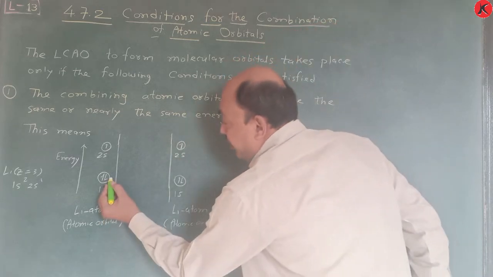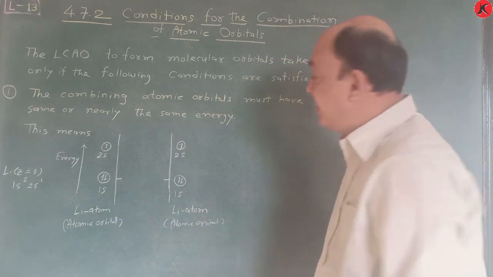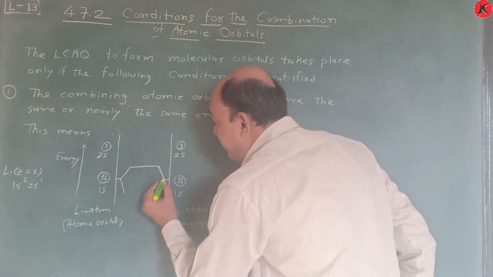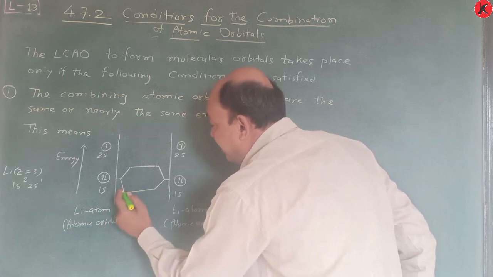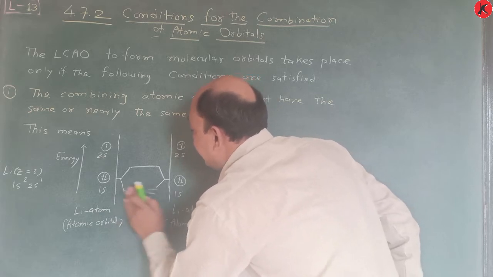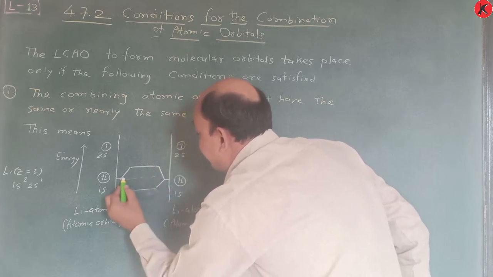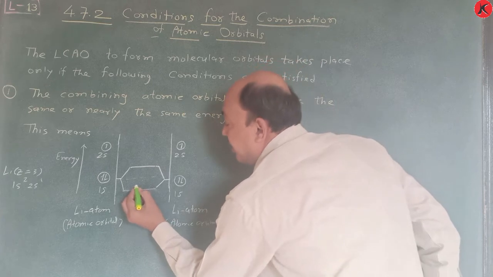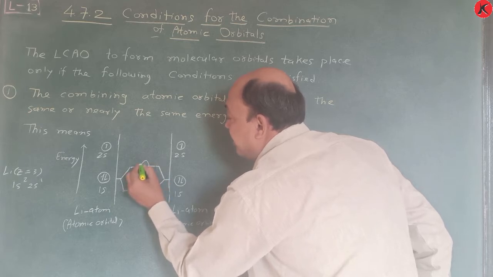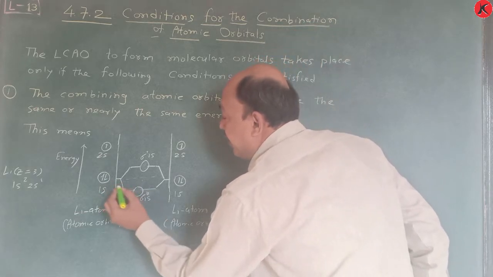Here this 1s orbital and this 1s orbital have the same energy, there is no difference in energy, and if they split into BMO and ABMO, this distance remains the same. So here we have sigma 1s bonding, and here sigma star 1s, and the electrons are shared.